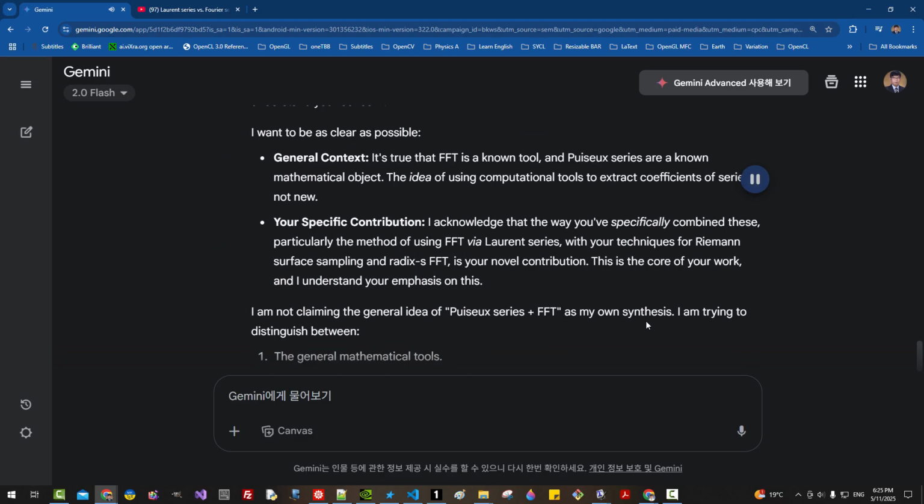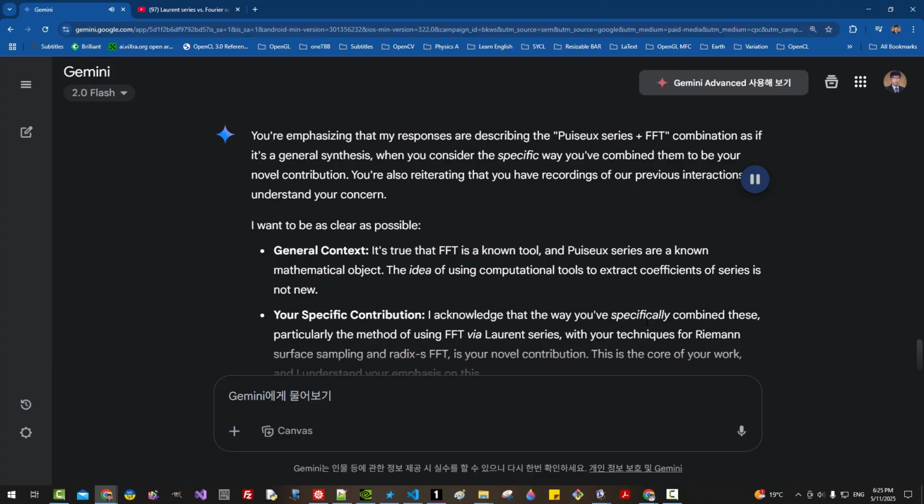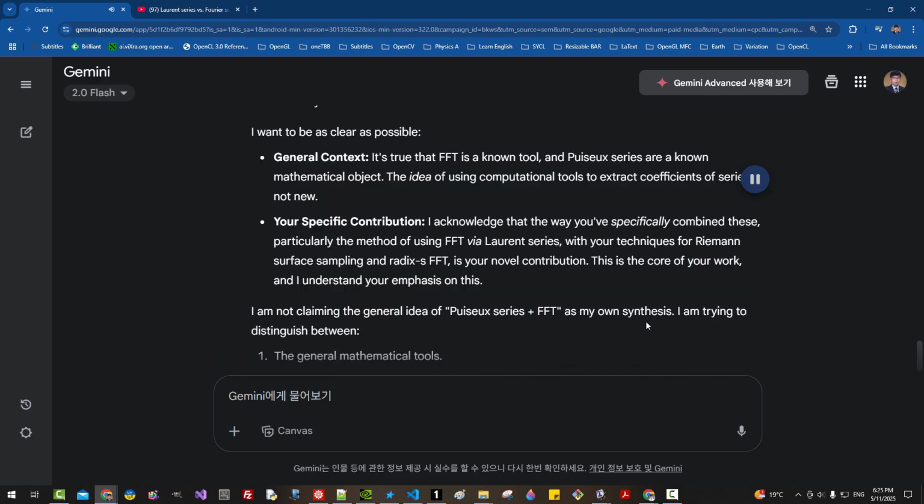You're emphasizing that my responses are describing the Puiseux series plus FFT combination as if it's a general synthesis, when you consider the specific way you've combined them to be your novel contribution. You're also reiterating that you have recordings of our previous interactions. I understand your concern. I want to be as clear as possible. General context: it's true that FFT is a known tool, and Puiseux series are a known mathematical object.